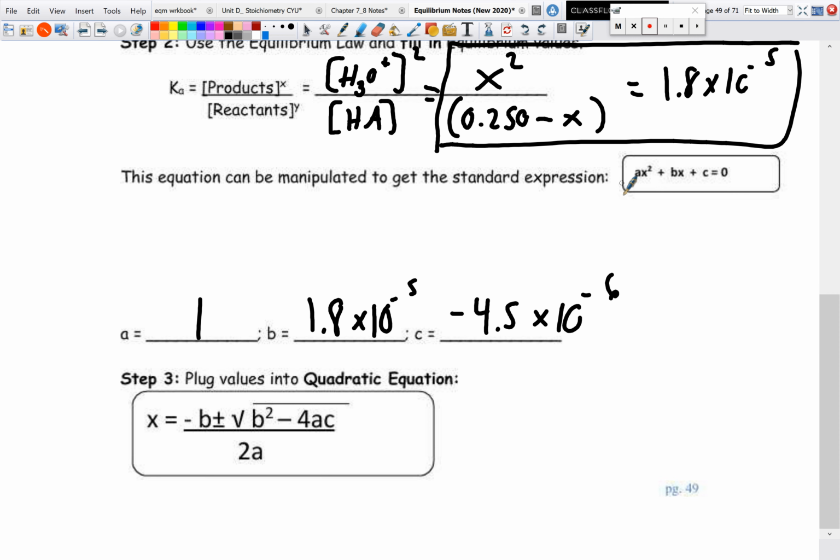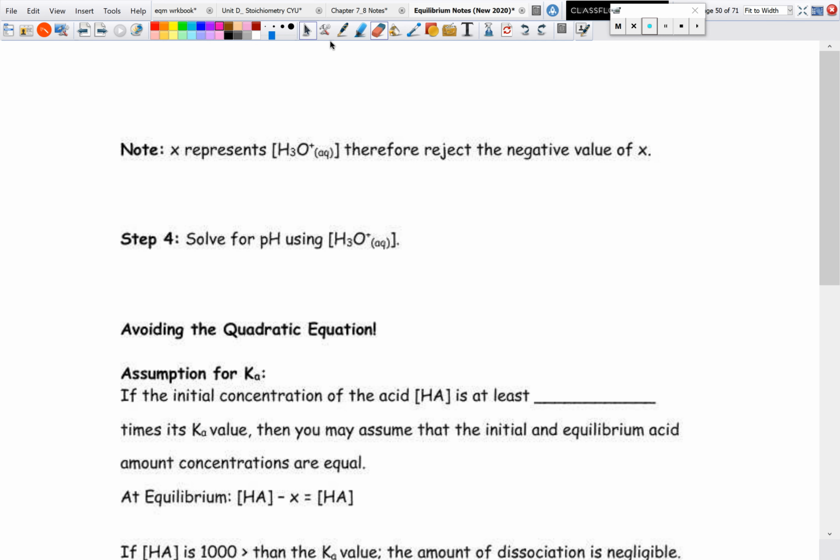Once you get your ax squared plus bx plus c, we plug our values into the quadratic equation, where x is equal to negative b plus or minus the root of b squared minus 4ac, all over 2a. That is a mouthful. If you put the values in for a, b, and c, and a also here, you plug all those in, and the only x value that makes sense is x equals 0.002125.